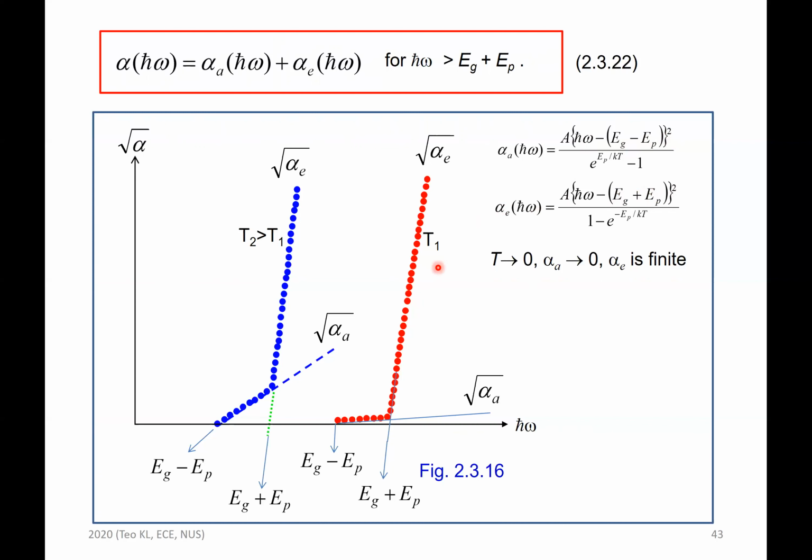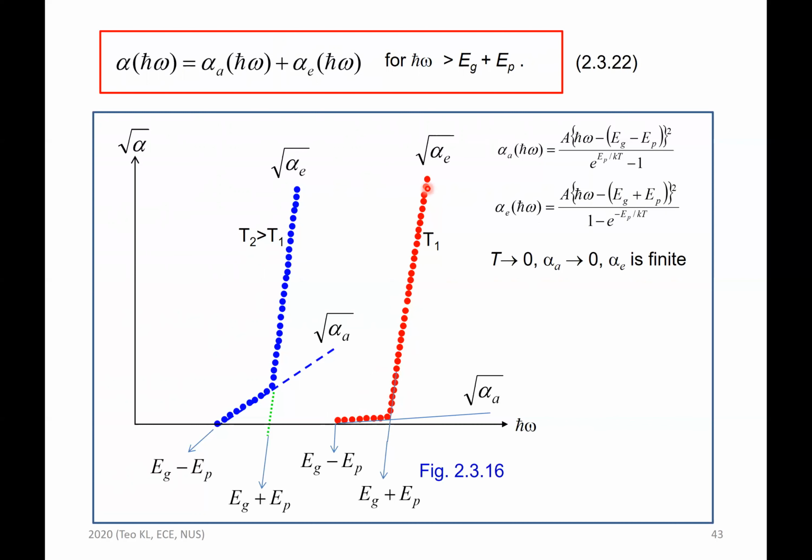So there are two temperatures, so we plot square root alpha as a function of the photon energy. There are two curves. One is at low temperature T1, one is at high temperature T2, where T2 is greater than T1. So at the low temperature, you can see that the red curve is of this form.